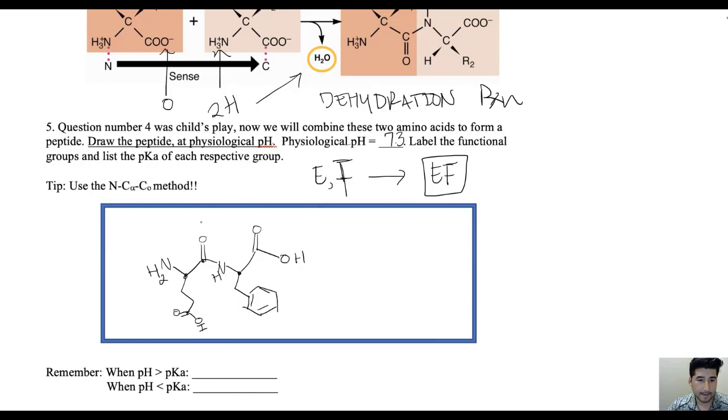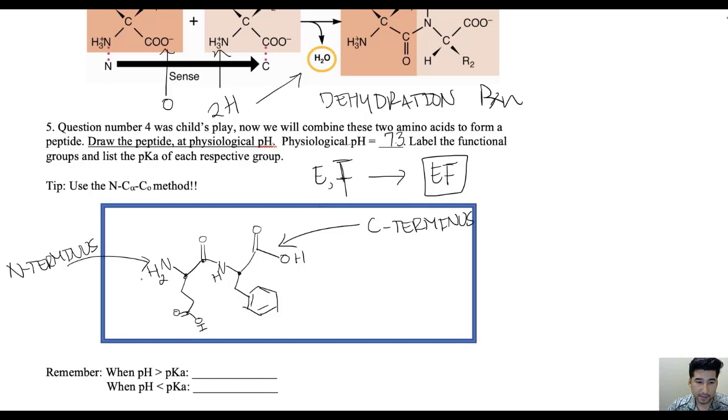And here we've introduced a new term. This right here is called the N-terminus. And now this right here is called the C-terminus. This is terminology that you should be aware of. This is really important.